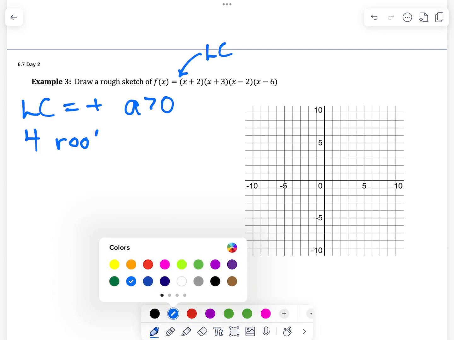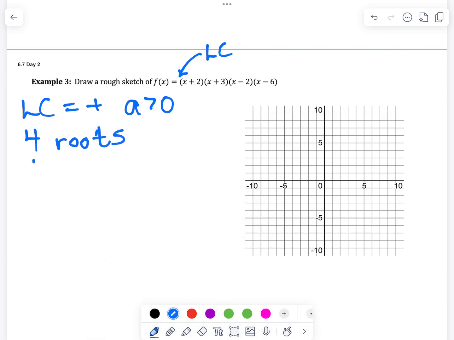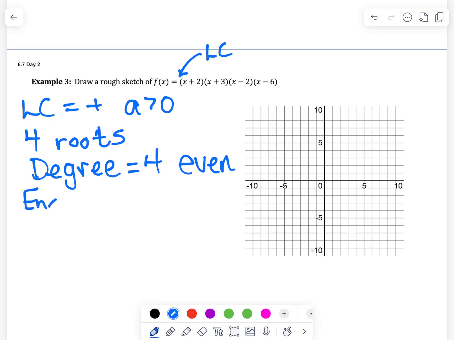So what that's telling you is your degree is going to be 4. So that's an even degree. So the end behavior is both ends will be up. So it's going to rise on the left, and it's going to rise on the right.